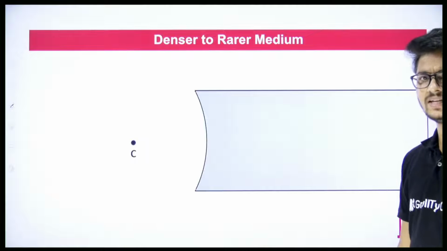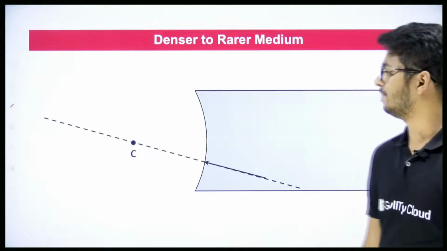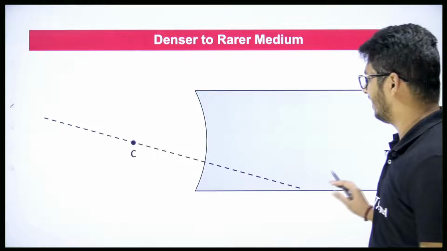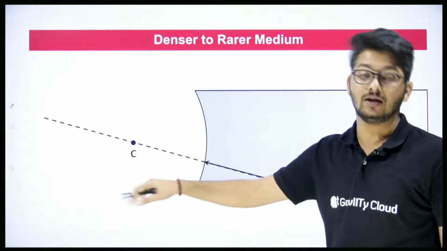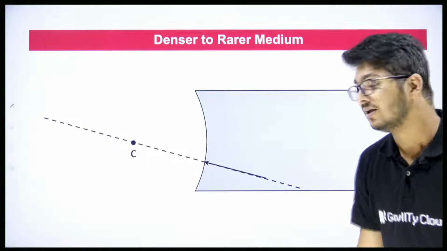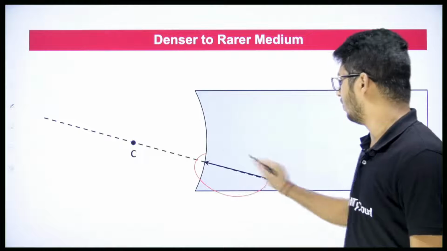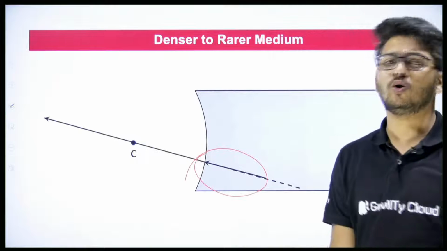Okay. Now another case, this case here. Now you tell me what's happening. I'll take the normal. There is a ray, look at this ray. It is going from what? Denser to rarer. But it is incident along the normal. Then what will happen? It will directly pass through, no deviation.